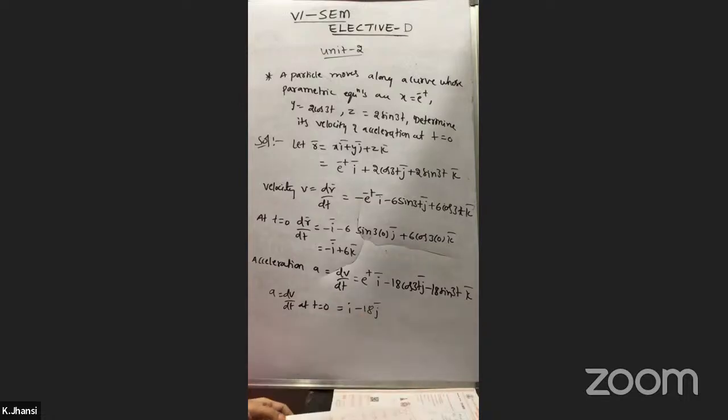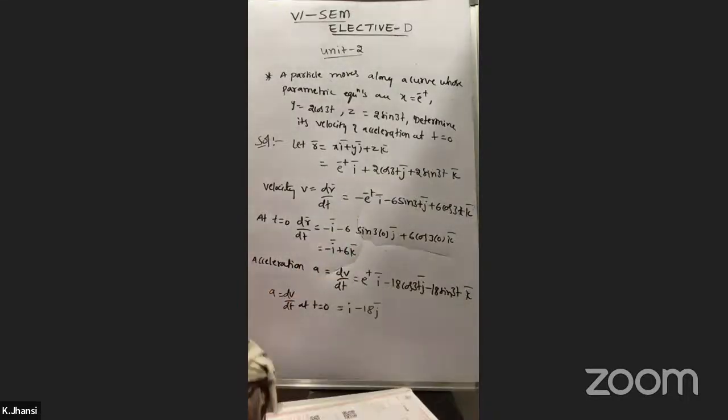One problem is there for finding the partial differentiation, how to find the partial differentiation of the given problem. That we'll see tomorrow, only one problem. Next we'll start the third unit.